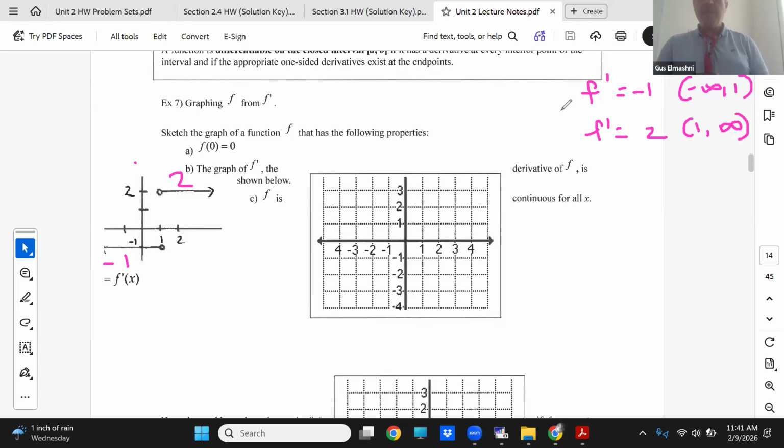Now 0 comma 0. When x is 0, which interval does it fall into? First or second interval? Yes, the first. And the slope is -1. And when did we start seeing a shift?